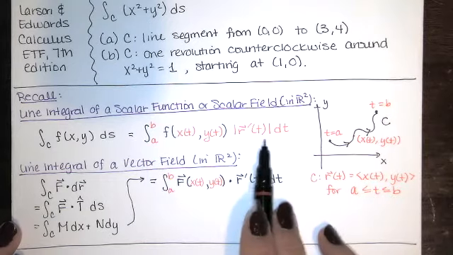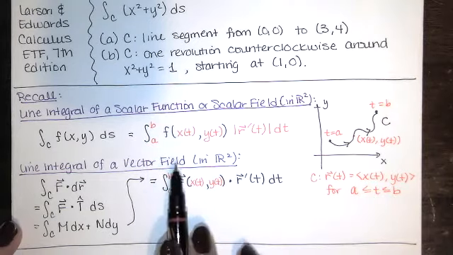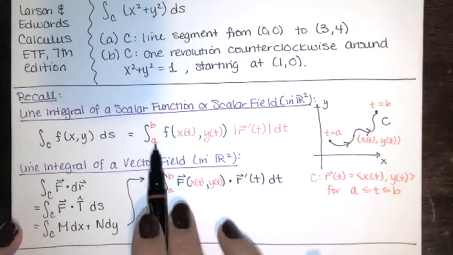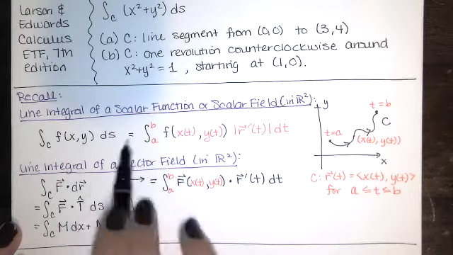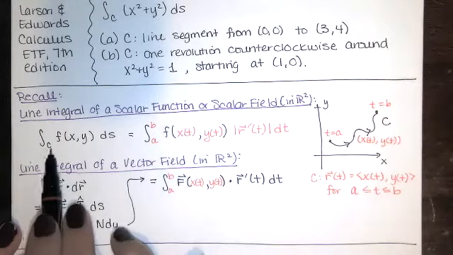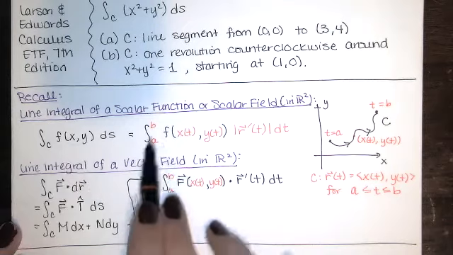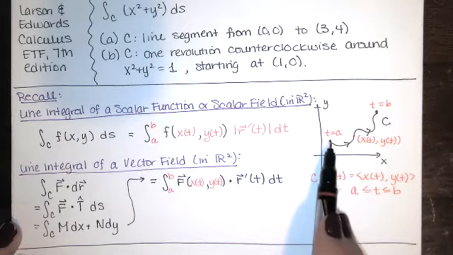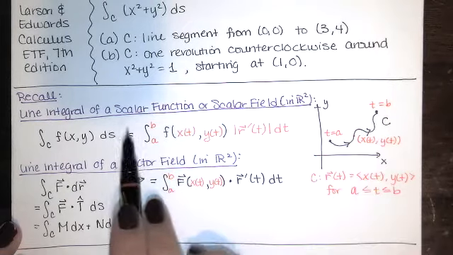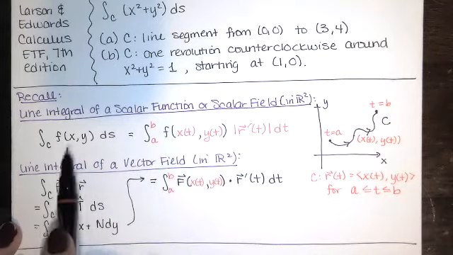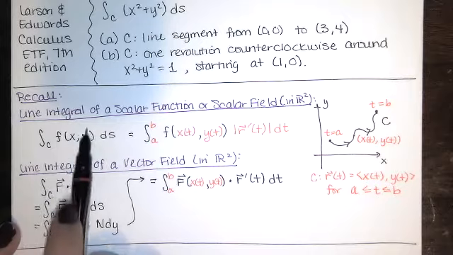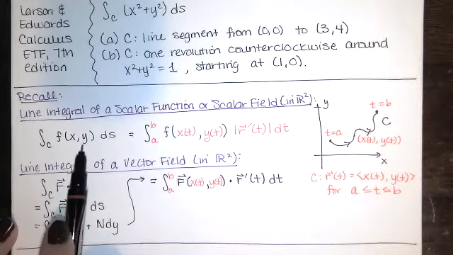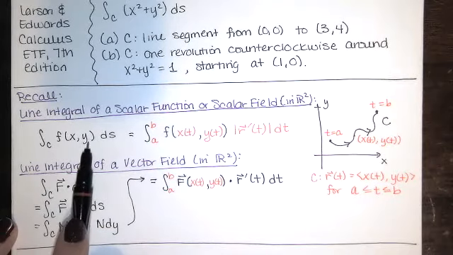It's just a function, or the integrand is just a function of t, and we're integrating from t equals a to t equals b. Okay, so let's talk about how we change this over. Instead of saying the line integral over C, we put our bounds here. Wherever we start with t and wherever we end with t, those are our upper and lower bounds. Now this scalar function, or sometimes it's called a scalar field of x and y, can be written in terms of t.